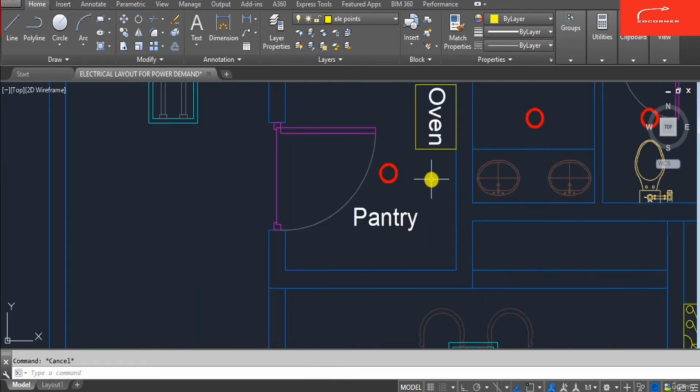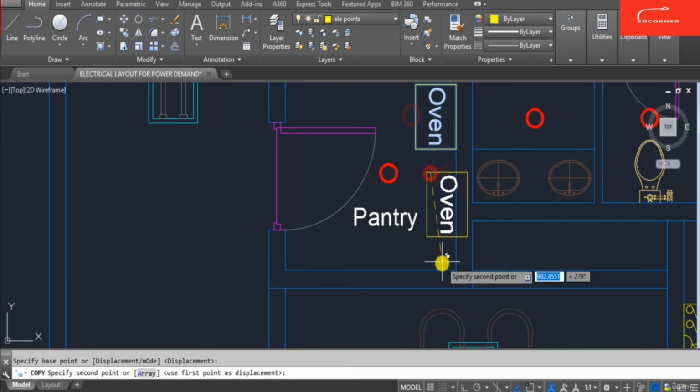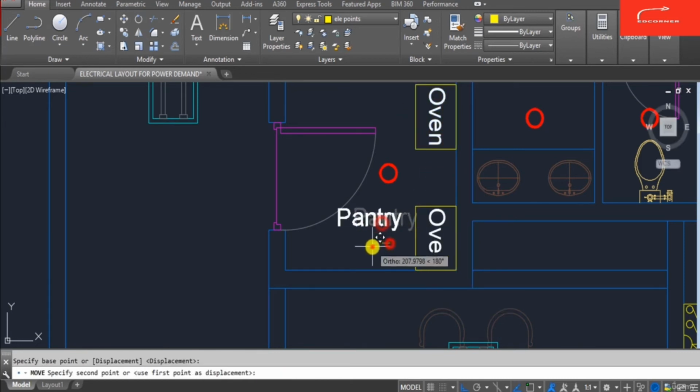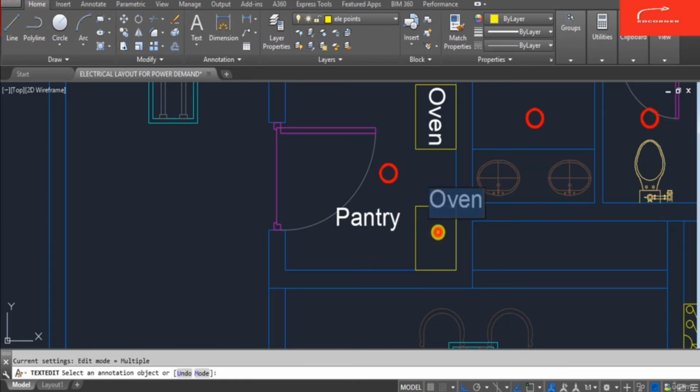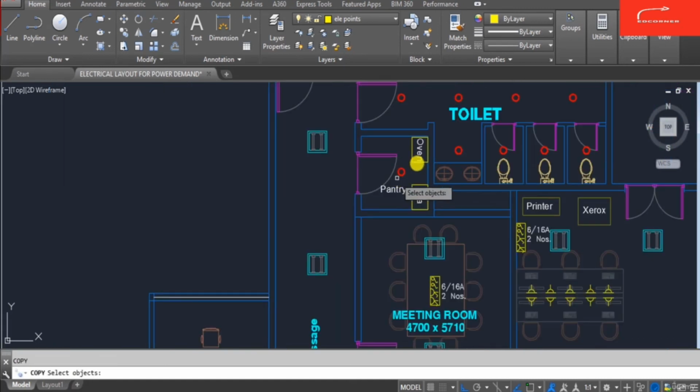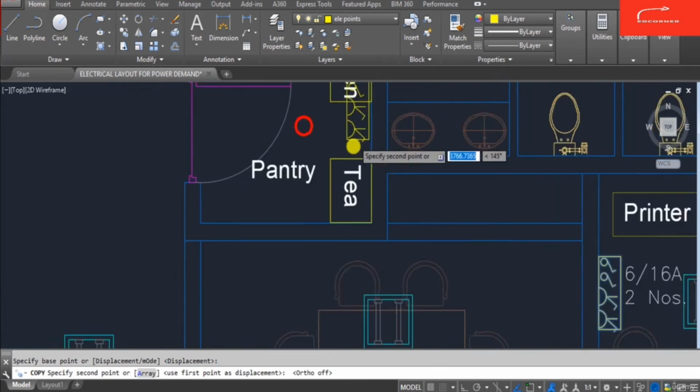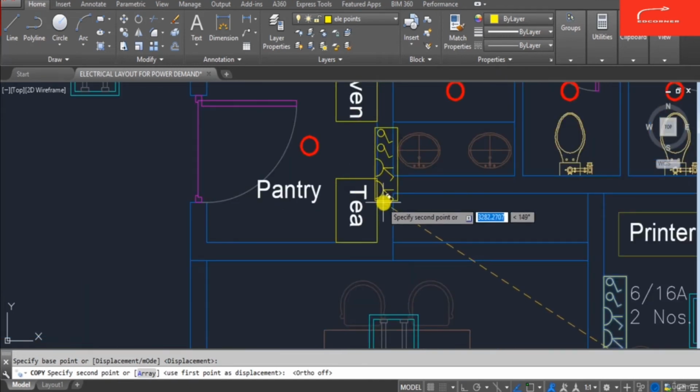And the next is the tea vending machine. The tea vending machine is also there, which requires a power point. The oven also requires a power point. So I will mention here two numbers.